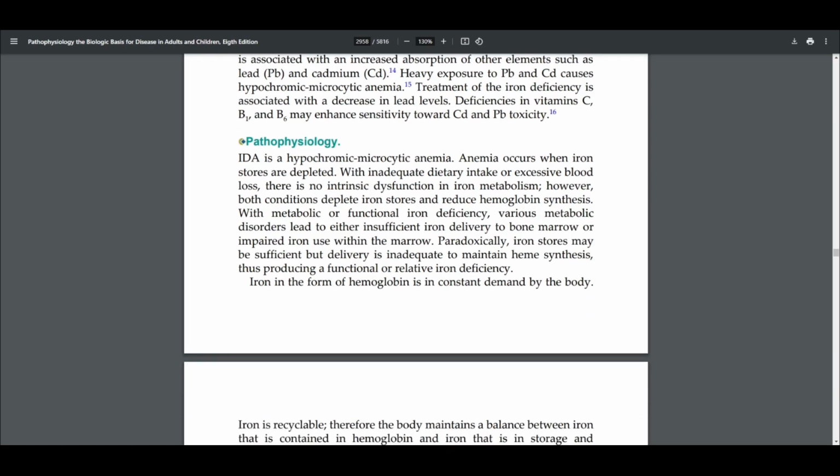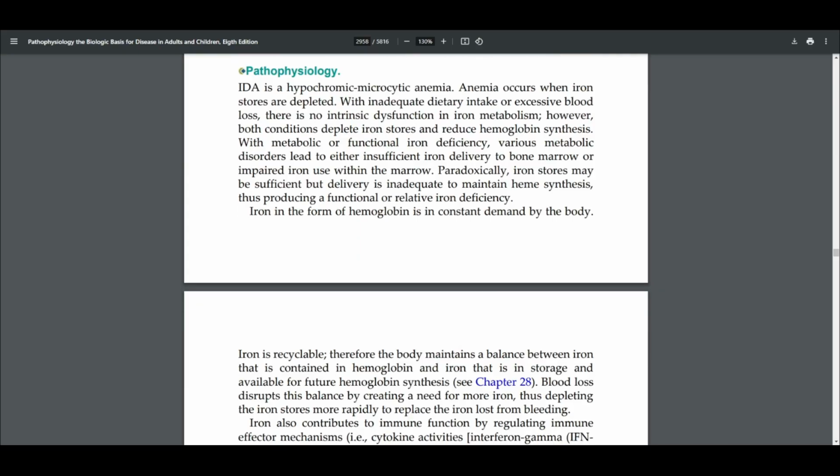So, the pathophysiology. IDA is a hypochromic microcytic anemia. Anemia occurs when iron stores are depleted. With inadequate dietary intake or excess blood loss, there is no intrinsic dysfunction in iron metabolism. However, both conditions deplete iron stores and reduce hemoglobin synthesis.